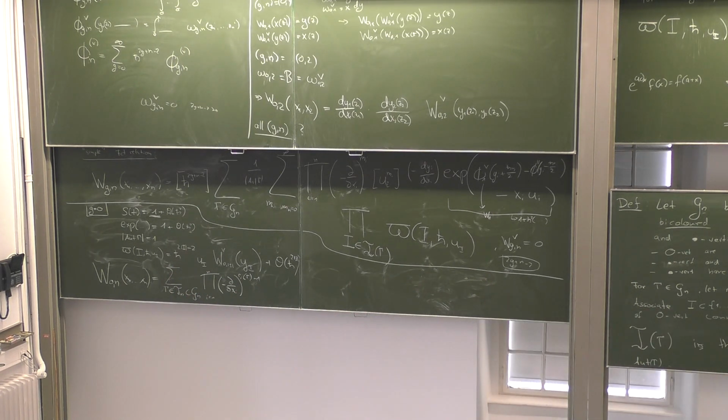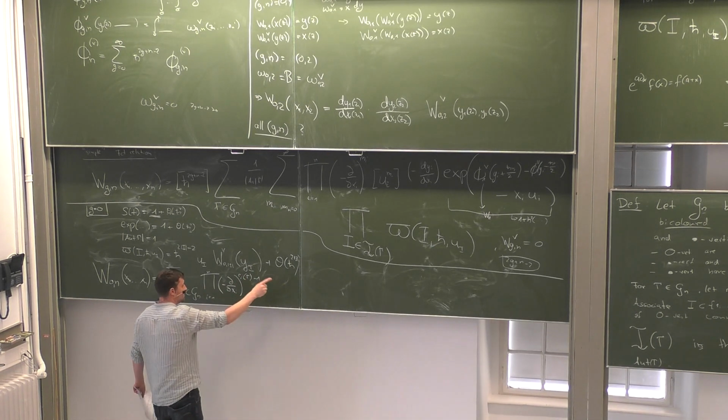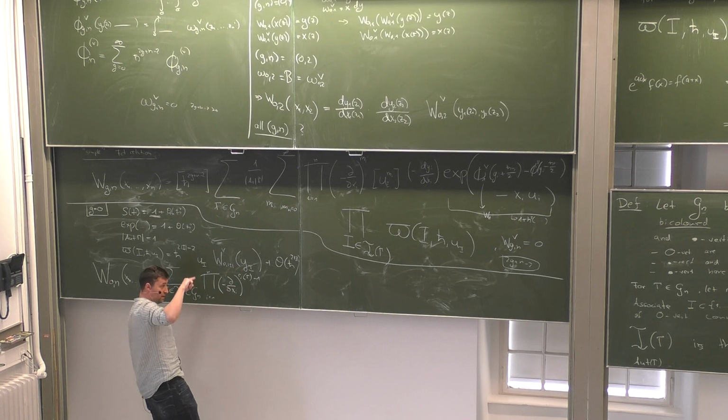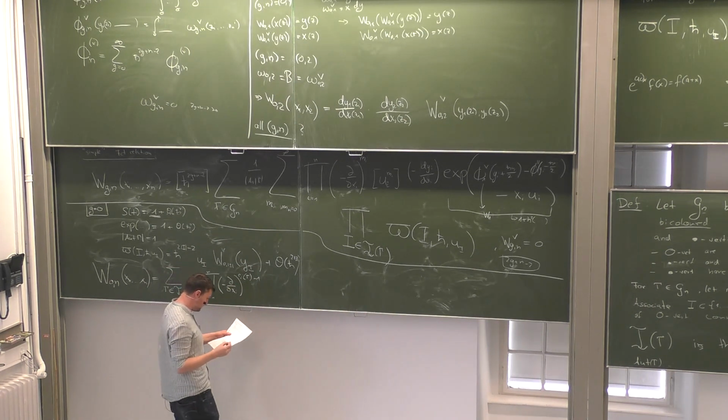So for instance, if n is equal to 3, we have here, this object has valence 2, and all these ones have valence 1. And we take here the derivative of the valence of the ith round vertex, minus 1.